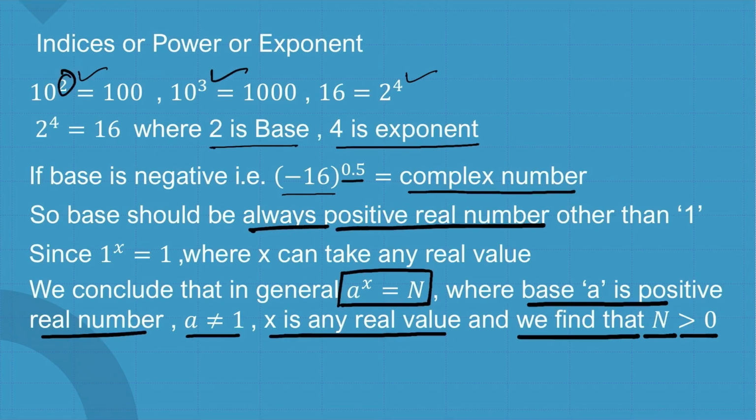So I think firstly we should know the basics: what is the exponent or power, what are the conditions of the exponent when we are applying on any base, and the base always should be a positive real number other than 1. Okay, so we understand very clearly about the exponent or power or indices.